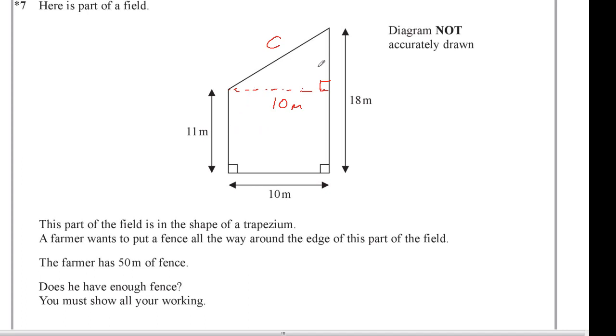And this length here must be 18 metres minus 11 metres, which equals 7 metres. Okay, so we now have a triangle.